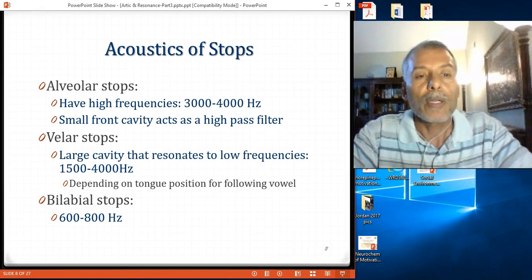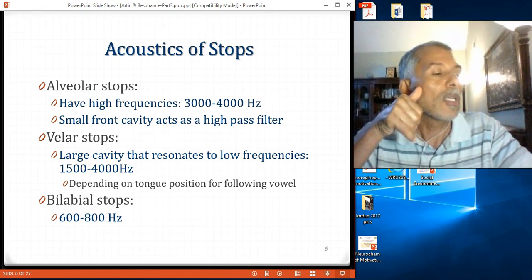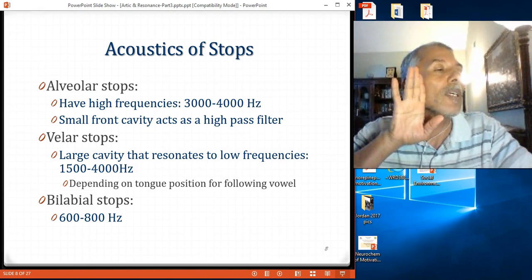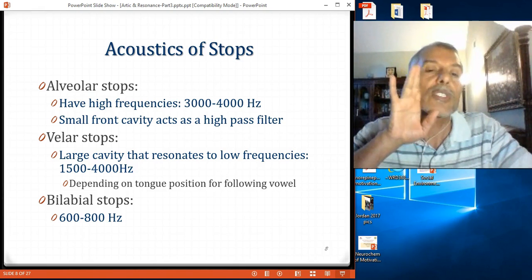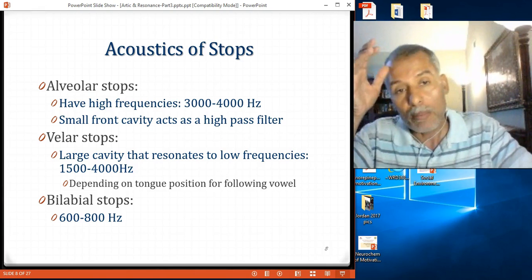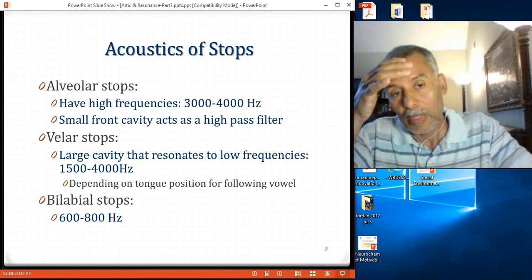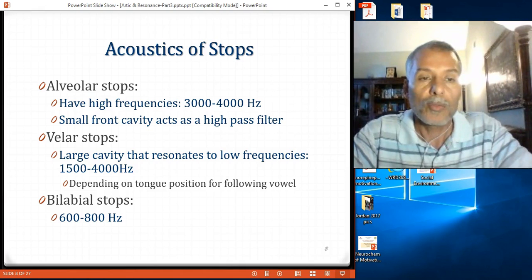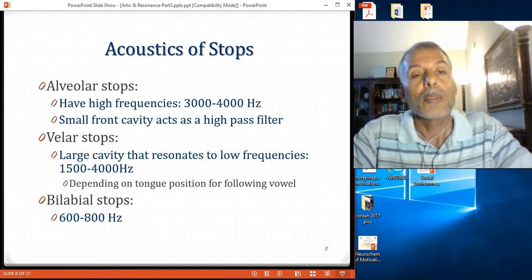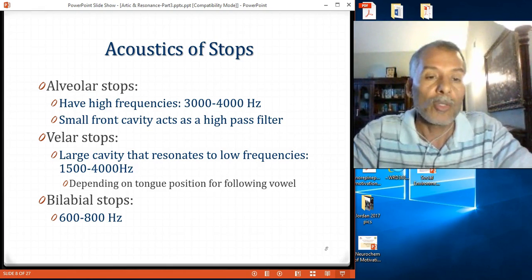The velar stops range from 1500 to 4000, because for velar sounds like ka and ga, you have a huge cavity from here to the lips, like 3.5 or 4 centimeters. So this makes a range from 1500 to 4,000, just because it depends on the context.